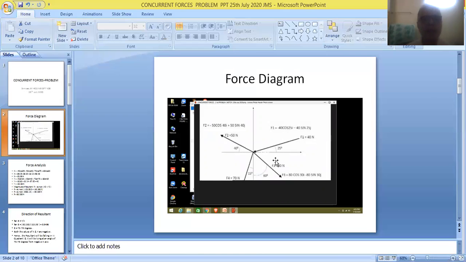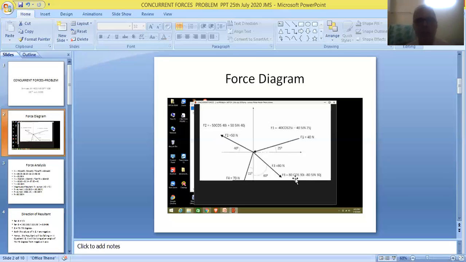And similarly, minus 50 cos 40, it is acting in reverse direction. And plus 50 sin 40, it is acting in upward direction. So here also horizontal component will be acting in forward direction. You are allocating plus symbol. Vertical component acting in downward direction, we are allocating minus symbol.